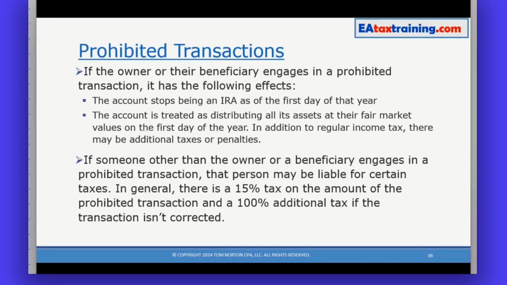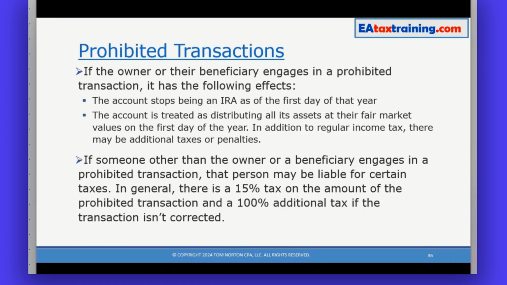If the owner or beneficiary engages in a prohibited transaction, it has the following effects. The account stops being an IRA as of the first day of the year in which the prohibited transaction occurred. So even if the prohibited transaction occurs in December, that account stops being considered an IRA as of January 1st of that same year.